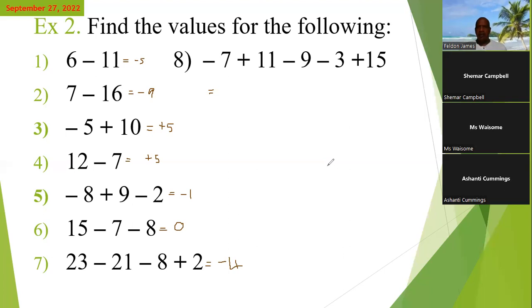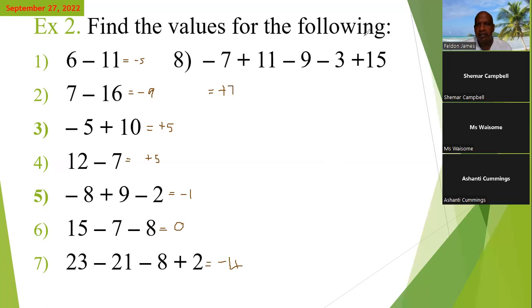Anybody else got +7? All right, so you have -19 and you have +26. 19 from 26 gives you 7. +7.